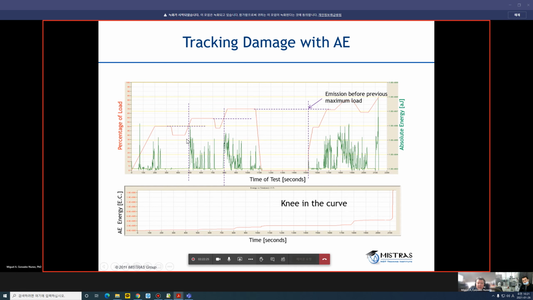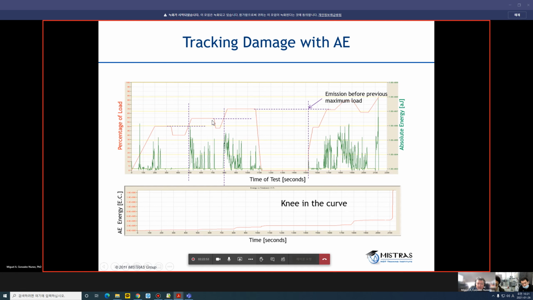Then when we start to increase the load again, you see the release of energy from acoustic emission signals when we reach the previous maximum load at this point. It continues releasing energy even during the whole hold period.